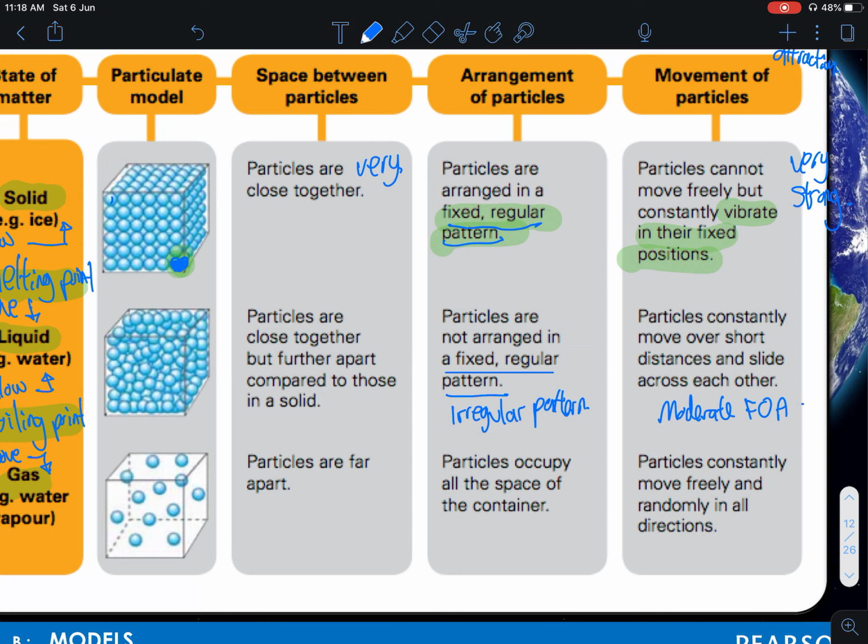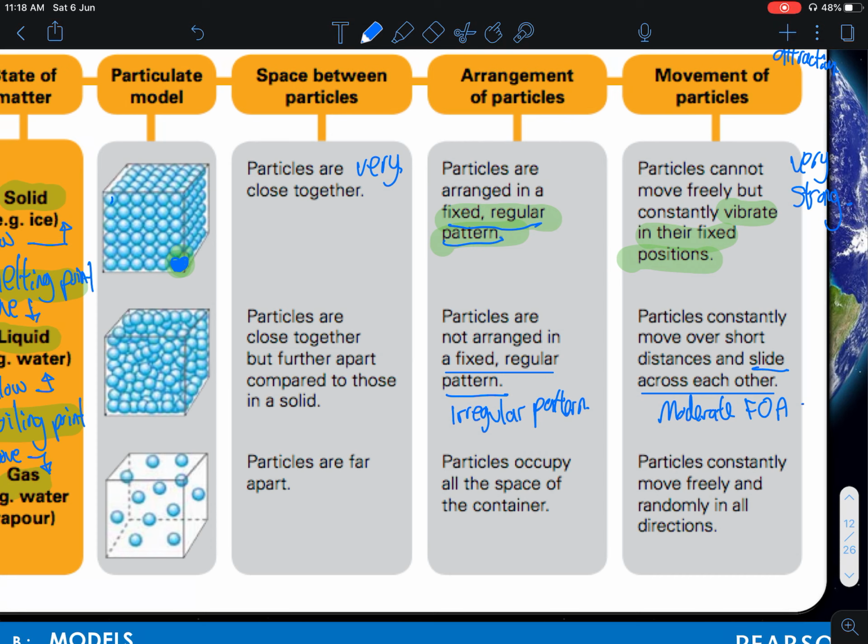They are also not bound tightly to each other, and hence they are able to constantly move over short distances and, more importantly, slide across each other. They do not drastically move everywhere. They just move by passing side by side and brushing against each other. So in other words, the distance is actually quite close.